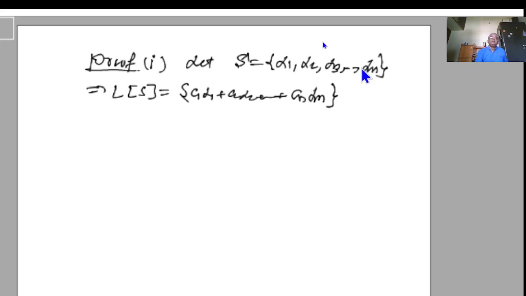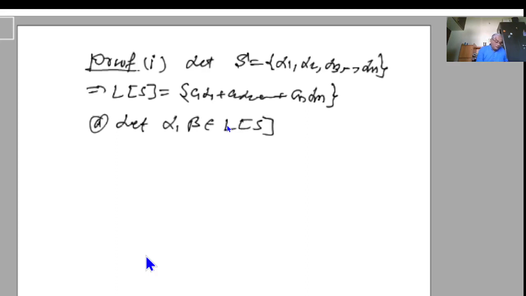So here, let me consider alpha and beta belong to L of S. Then I will try to prove that alpha plus beta also belongs to L of S.